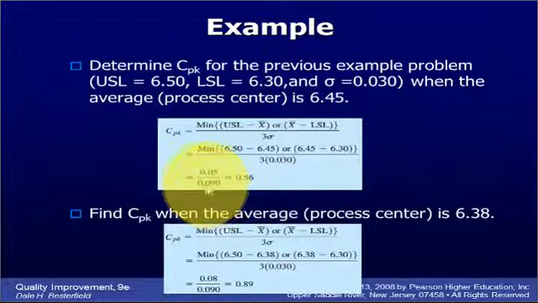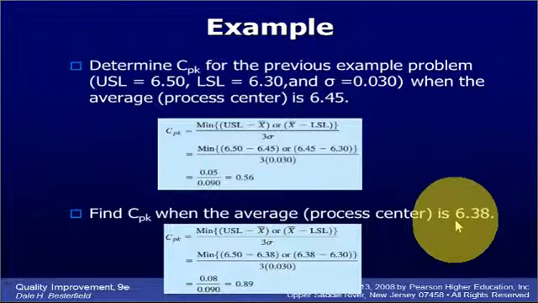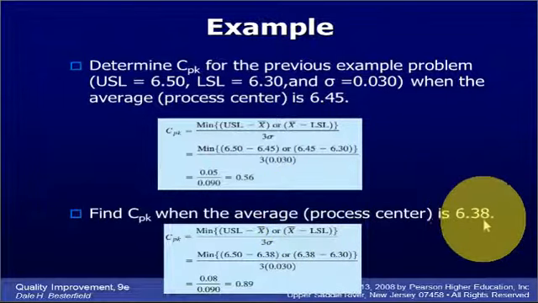Now for the second question, if the process center is shifted to the lower side, to 6.38, what will be the CPK value? Now we need to re-establish these two terms. The first term is the upper specification limit, 6.50, minus the center, 6.38.